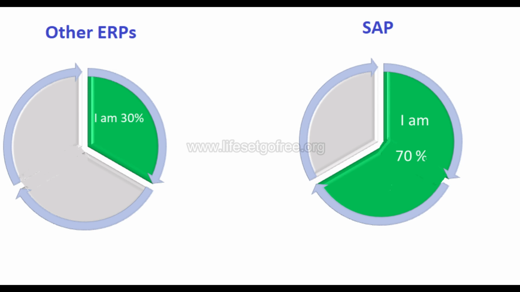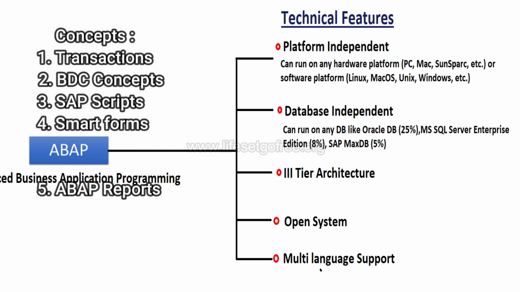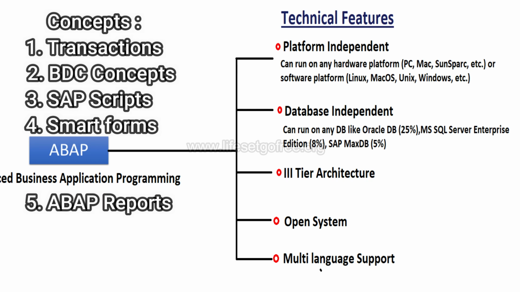You will understand step by step. Don't worry, just remember this: ABAP means Advanced Business Application Programming. What will we have in ABAP? We will have transactions, batch data communication, conversions, scripts, smart forms, and some reports.